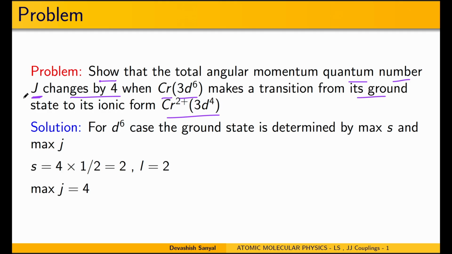So for d6, the ground state is always determined by maximum S and maximum J. That is Hund's rule.